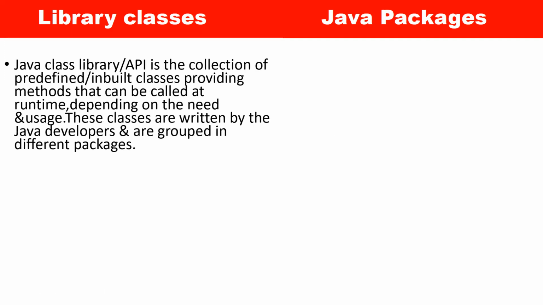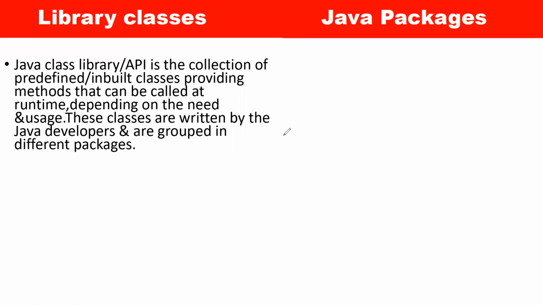So all these library classes, the inbuilt classes or the predefined classes, contain certain useful classes, and those classes contain certain methods. So in order to make use of those methods, we need to know the classes they are present in. Right. So all these predefined methods.